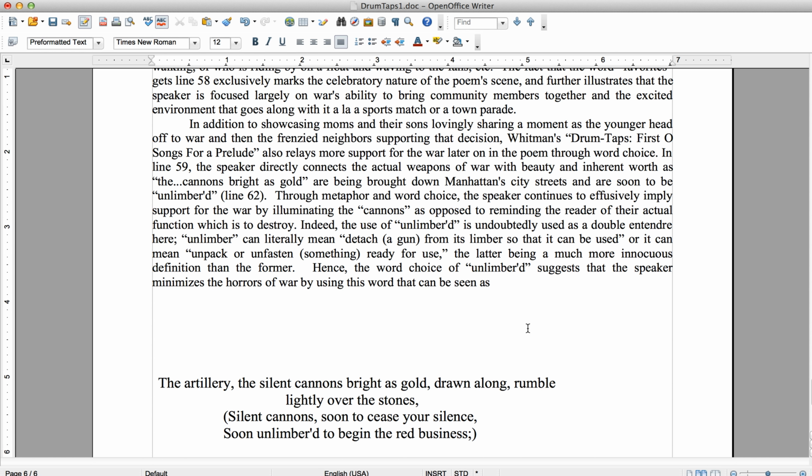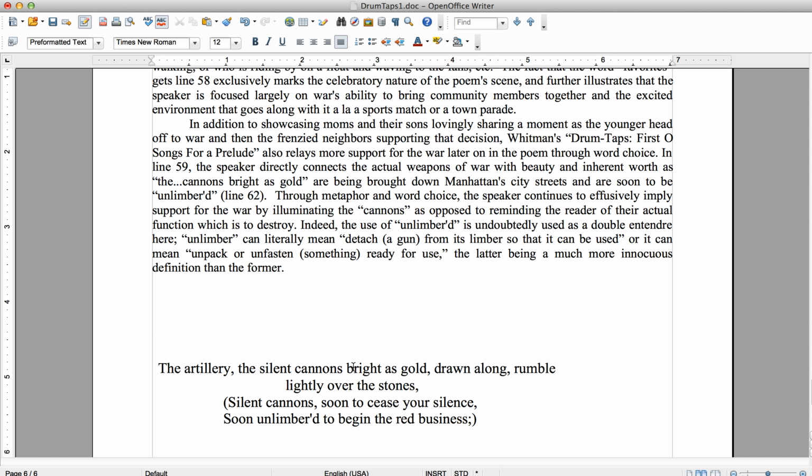Using this word that can be seen as, let's see if we can make this point in one sentence. I don't think we need to go overboard with this.